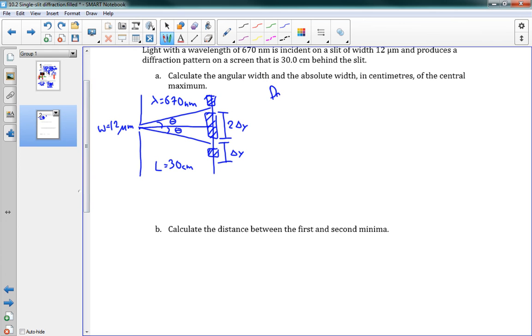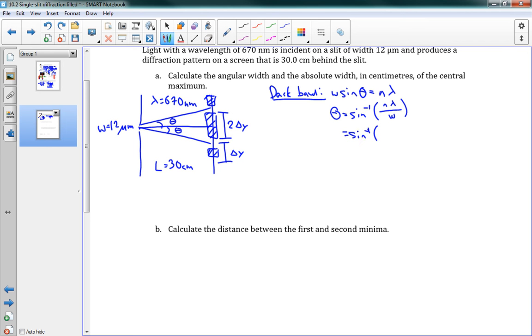So we can say for a dark band, W sine theta equals n lambda, which means that theta is equal to the sine inverse of n lambda over W. Now we want to find the first of these dark bands. So I can fill in some numbers here.